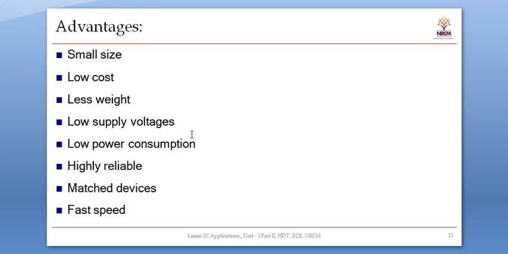Since we are using low supply voltages, low power consumption is available. They are highly reliable with matched devices, and the speed is fast. So these are a few advantages of the IC.